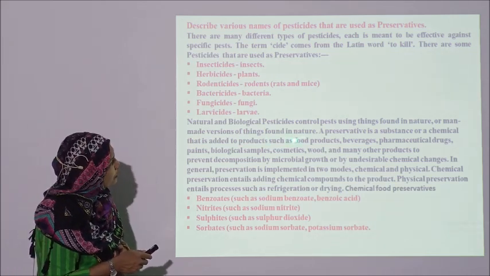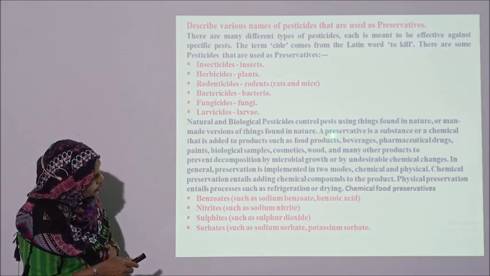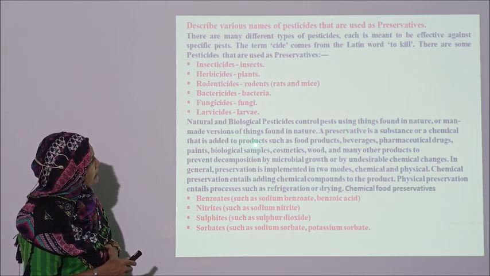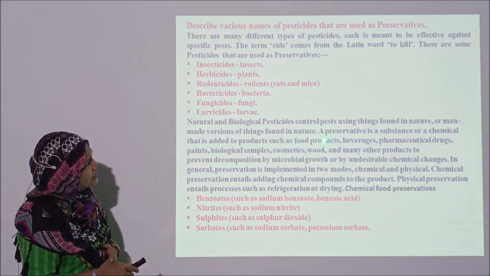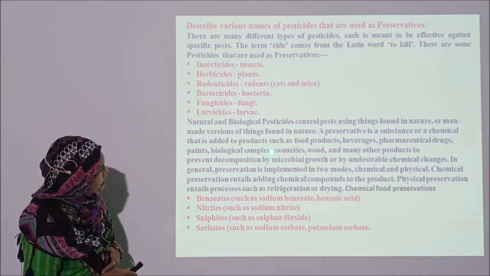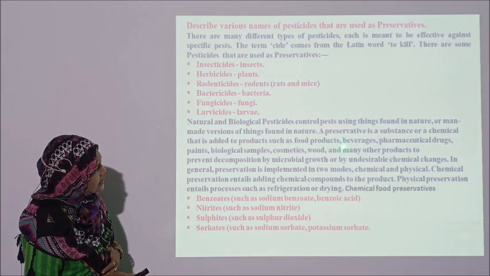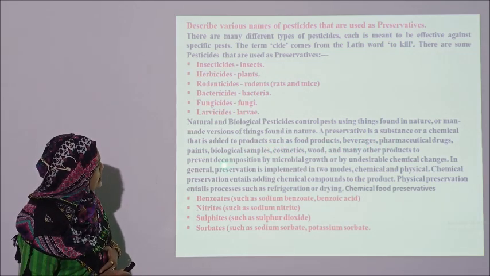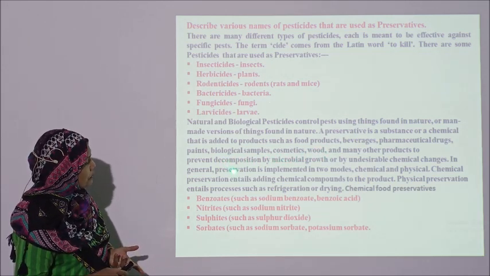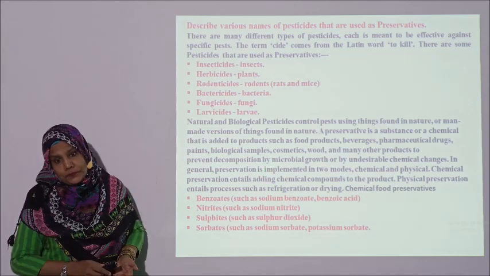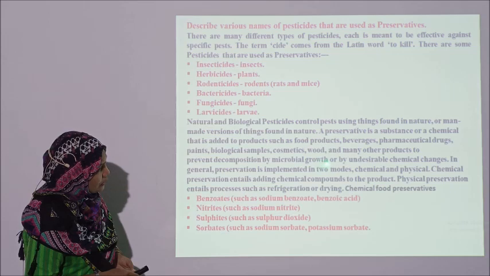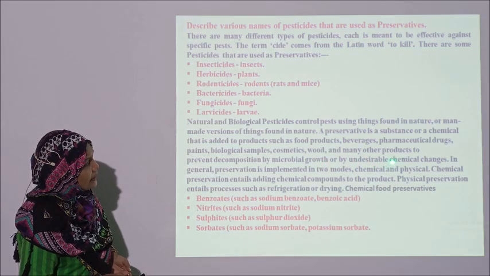Natural and biological pesticides control pests using things found in nature or man-made versions of things found in nature. A preservative is a substance or a chemical that is added to products such as food products, beverages, pharmaceutical drugs, paints, biological samples, cosmetics and many other products to prevent decomposition by microbial growth or by undesirable chemical changes.